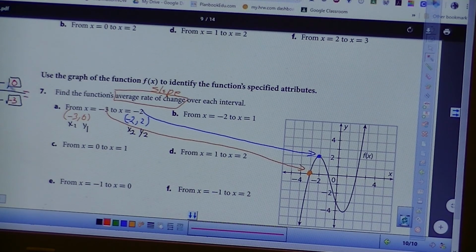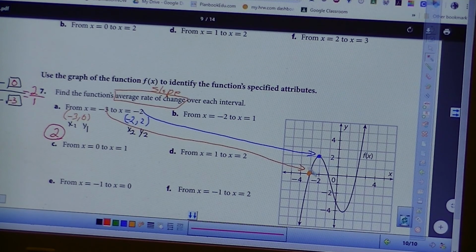So 2 minus 0 is 2. Negative 2 minus negative 3, that's really plus 3, isn't it? So negative 2 plus 3 gives me positive 1. So my average rate of change is 2.